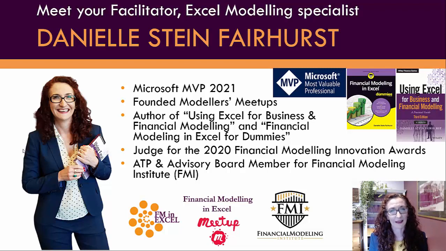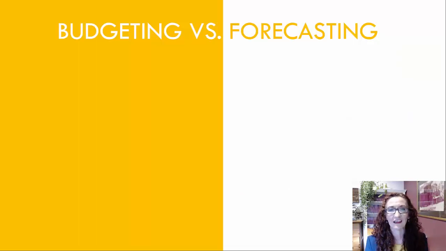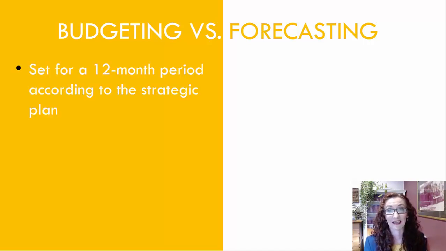But before I jump into the technical side of forecasting in Excel, I'd just like to set a bit of a backstory about budgeting versus forecasting, because a lot of what I do is budgeting. So I just wanted to talk about the differences between budgeting and forecasting.